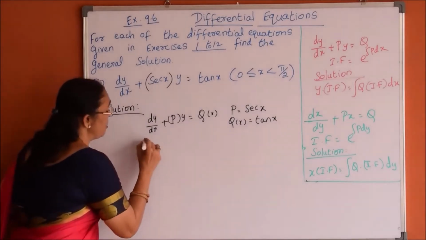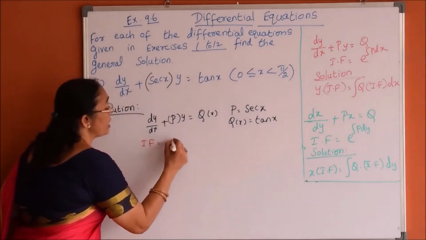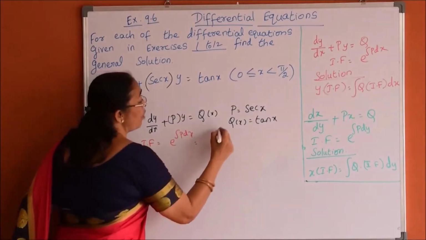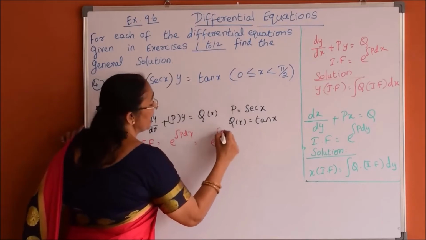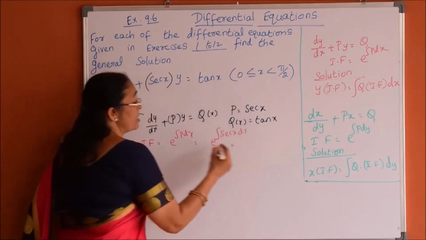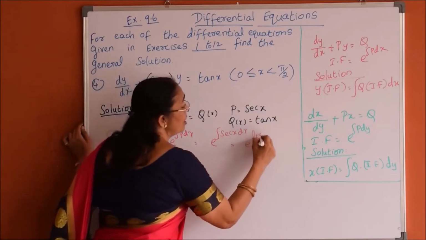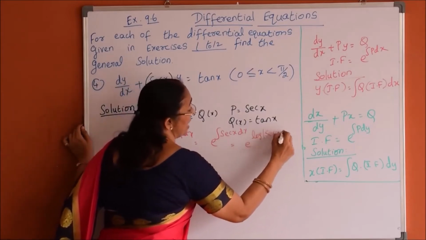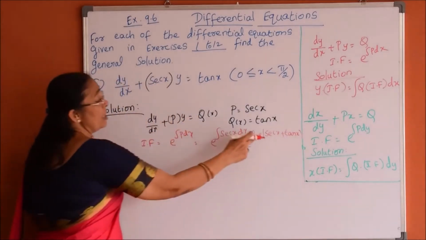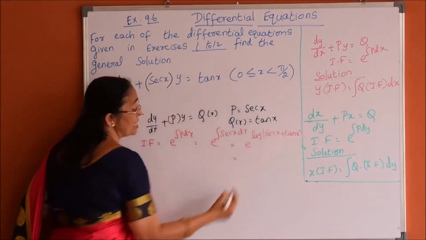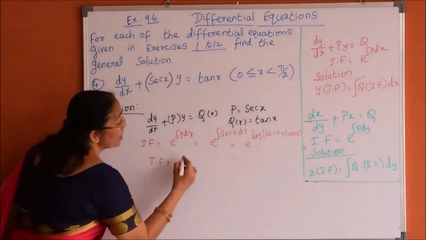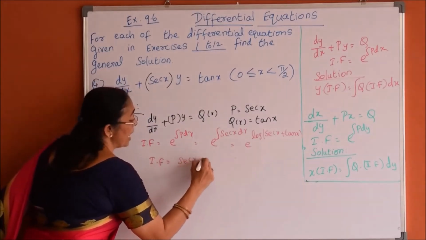So integrating factor for this form is nothing but e power integration of p dx, which is e to the power of integration of secant x dx. Now, integration of secant x is nothing but log mod secant x plus tan x. So e power log of any function is the function itself. Therefore, our integrating factor is nothing but secant x plus tan x.